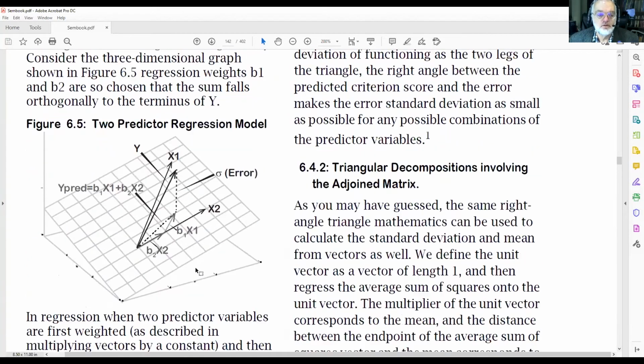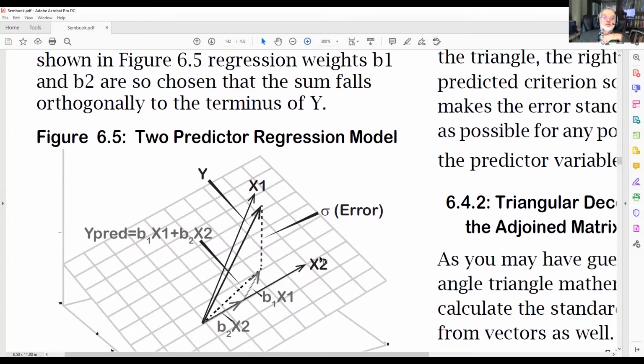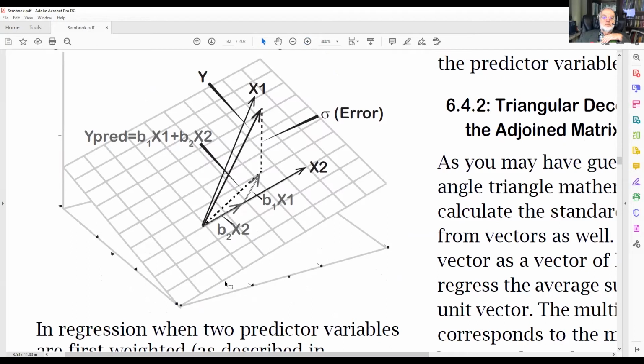We can extend that situation to the case of two predictors. Let me make it a little bit larger. So now we have x1 and x2, and y is this variable that sticks out. So x1 is this variable, x2 is this, the space of x1 and x2, and y is the thing that stands up, up from this little plane.